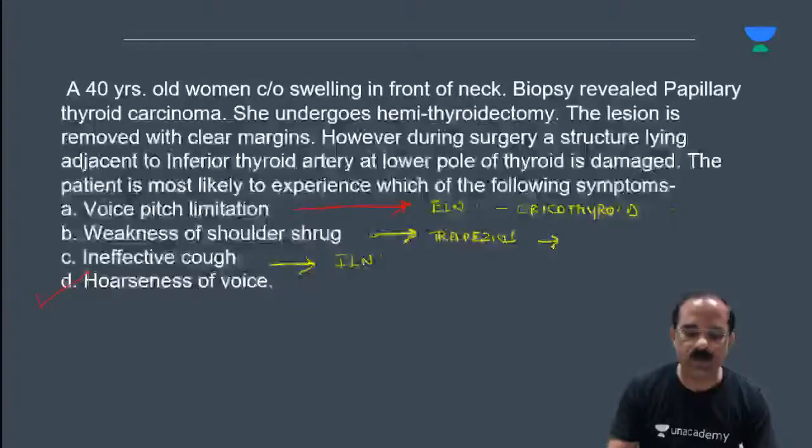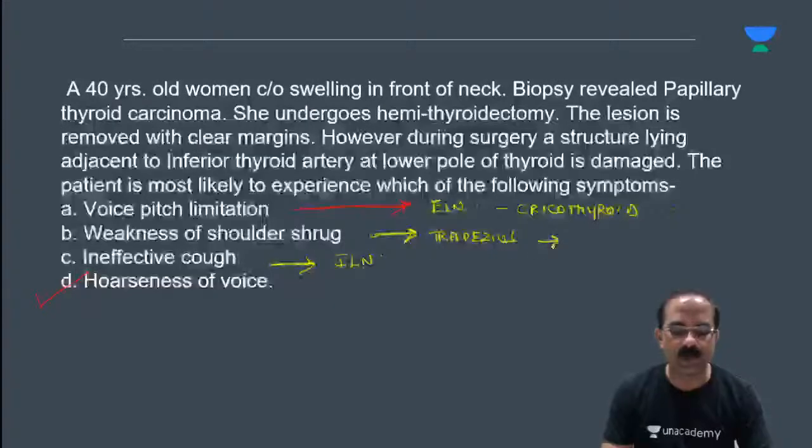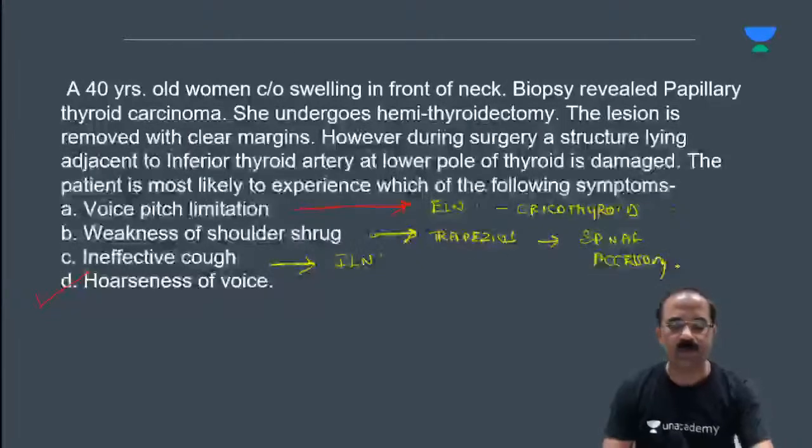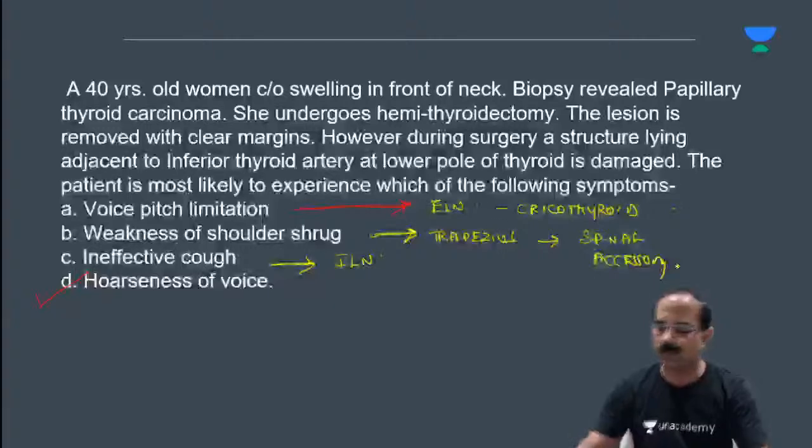The nerve supplying the trapezius is not the hypoglossal. Which is the nerve supplying the trapezius? You should know this. Spinal accessory. Very good. The nerve supplying the trapezius is the spinal accessory nerve.